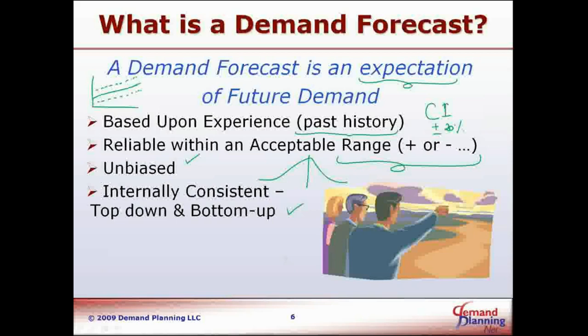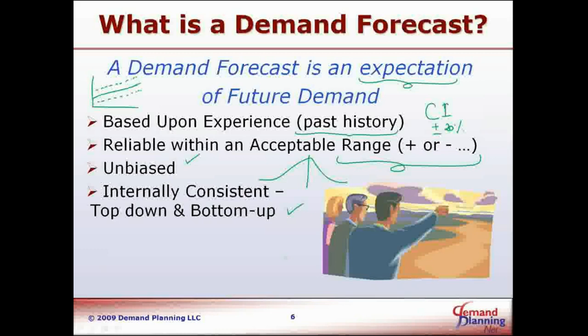My actuals are not going to be below this or above this; they're going to be within this bound. So that's the confidence. It's reliable within an acceptable range. If you say my forecast is going to be within plus or minus 50%, that's not going to be good information for the supply chain.